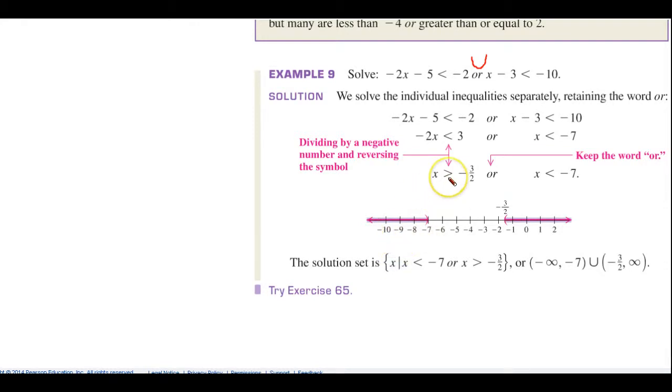And this is only x is greater than, even though it's on this side, we plot it there. And then here x is less than this, we plot it there. And writing it in interval notation is good. And then there is set builder notation. And again, this word OR is very significant. It indicates union.